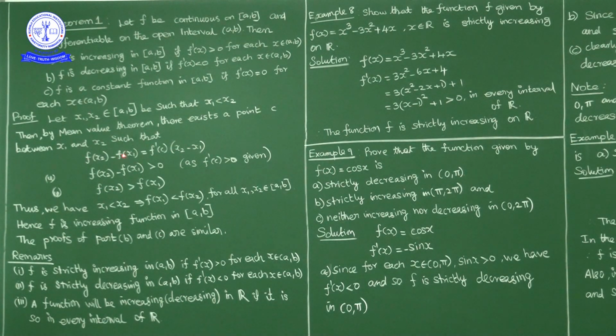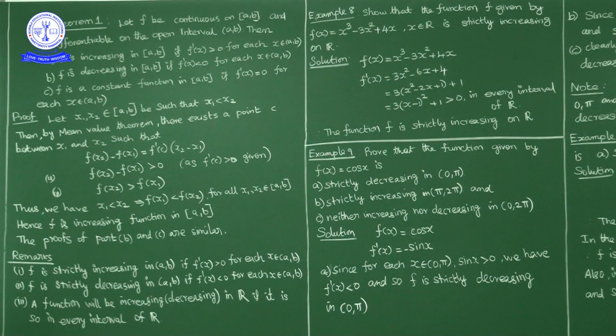So f of x2 minus f of x1 is positive, which means f of x2 is greater than f of x1. So f of x2 greater than f of x1 means f of x1 is less than f of x2.